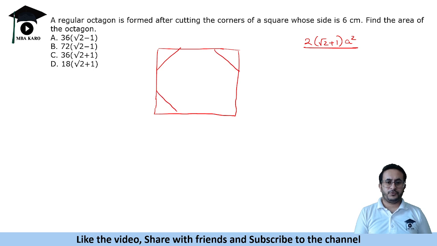So the conventional approach is this. There is a square whose side is 6 centimeter. So this side is completely 6.